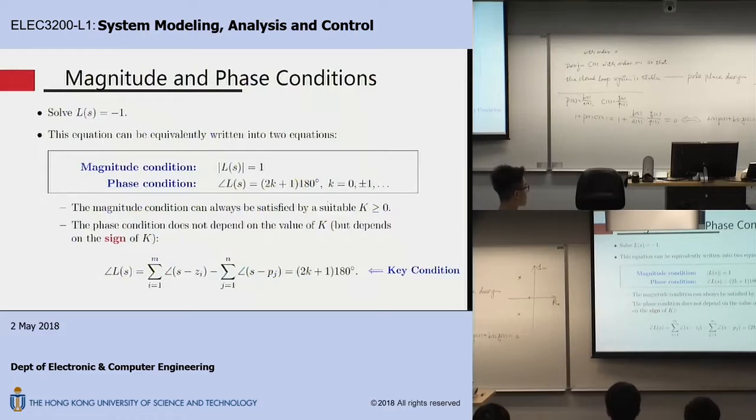It's because the phase is not a single valued function, it's a kind of multi-valued function. So we say the phase has to be an odd number times 180 degrees. As long as these two conditions are satisfied, then we have this.